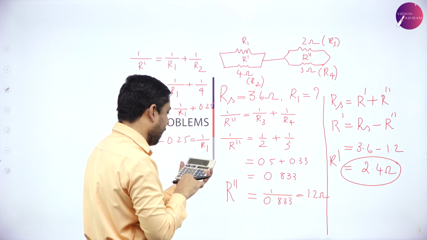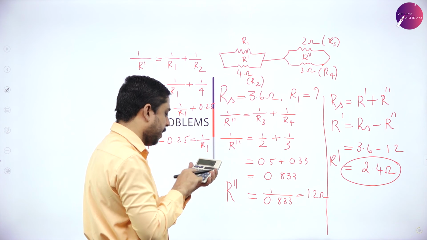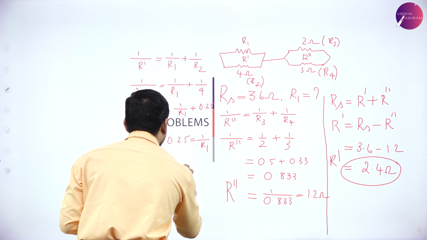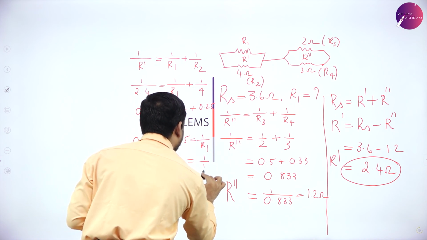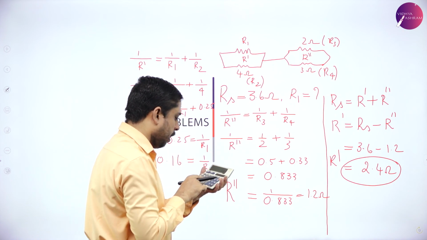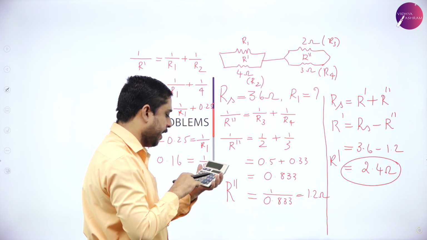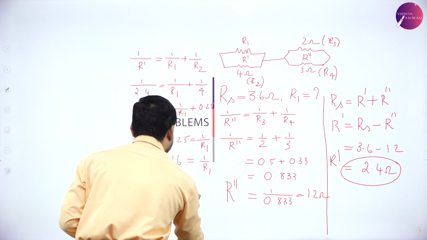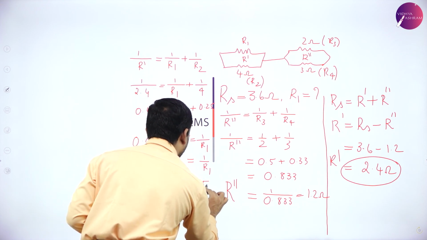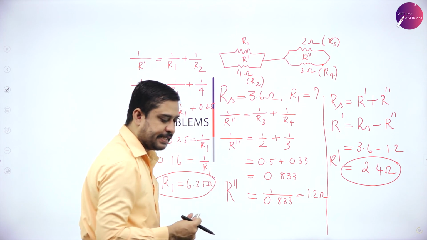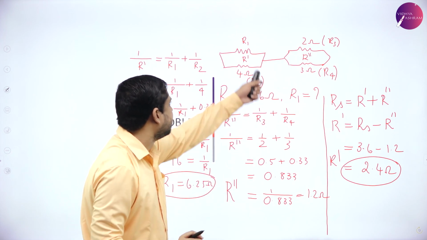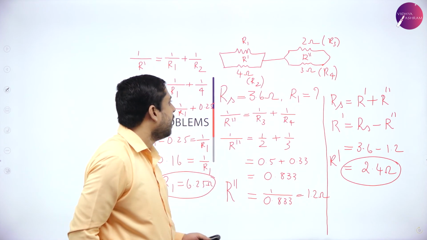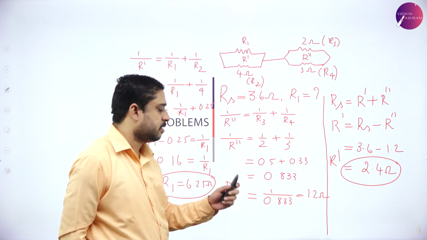So 0.41 minus 0.25 is 0.16, which is 1 by R1. So R1 will be 1 divided by 0.16, which is nearly 6.25 ohms. So very simple, students. Draw the circuit, and I just kept on analyzing the steps. I have arrived at the answer.